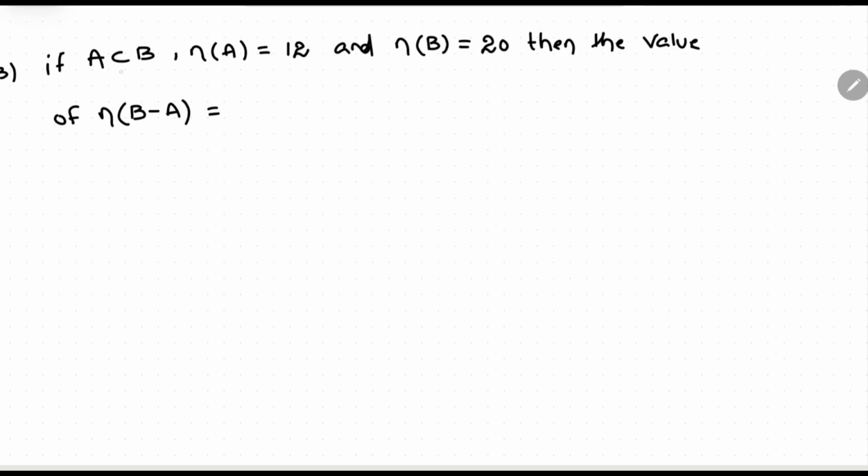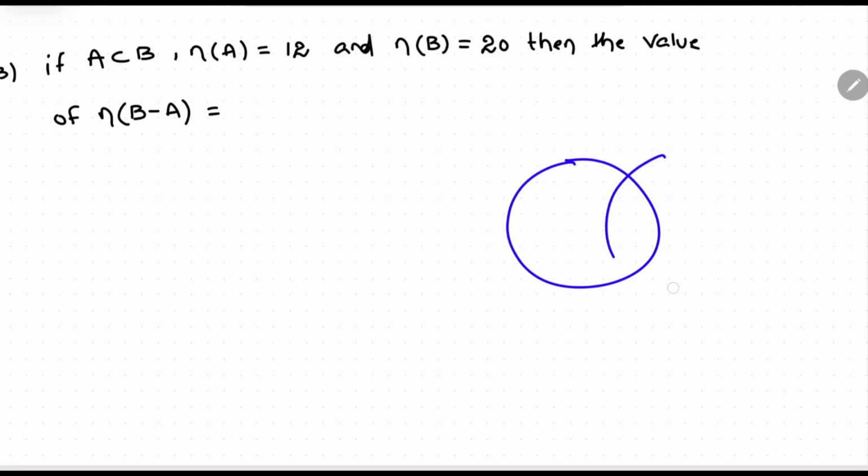Here A is a subset of B, and the number of elements of A equals 12 and the number of elements of B is 20. Then find the number of elements only in B. We are going by the Venn diagram.